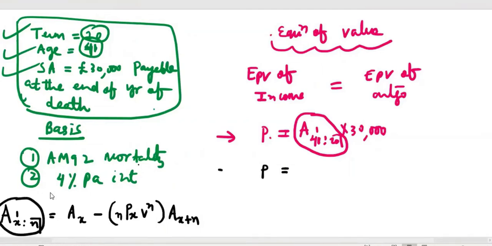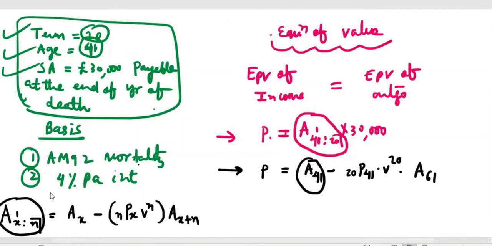P is equal to A_41 minus P_{41:20} v^20 A_61. This you see from the table. This you see from the table. This also you see from the table. This is L61 divided by L41.